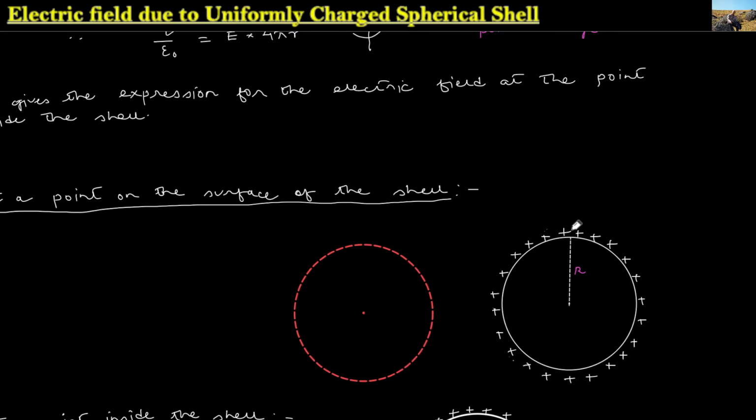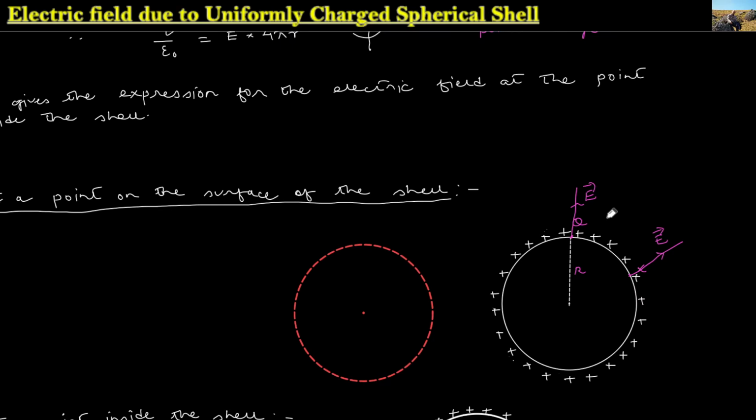If I take any point, say like Q, which is on the surface, or this point X which is on the surface, the electric field will be in this direction. So this will be the direction of our electric field lines, even at this point also.